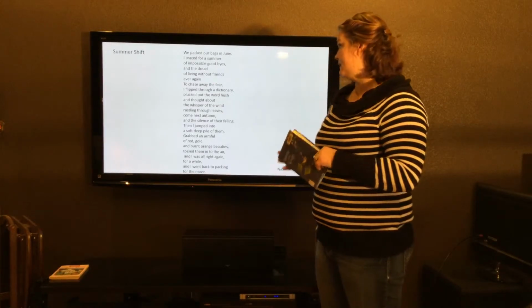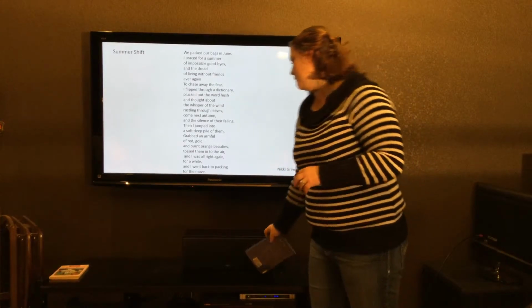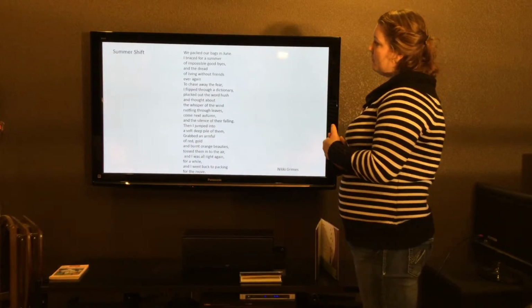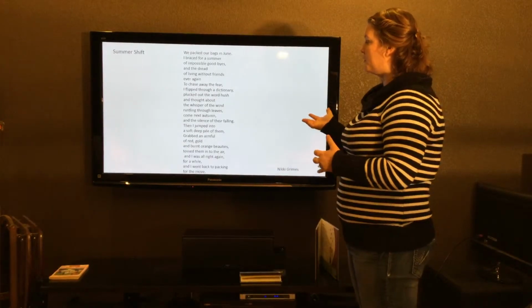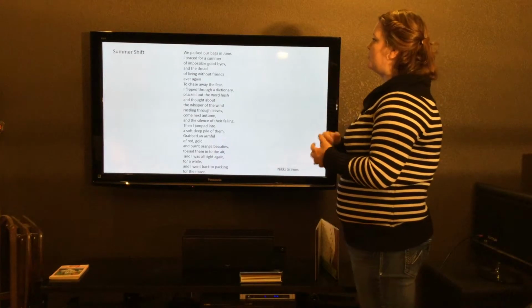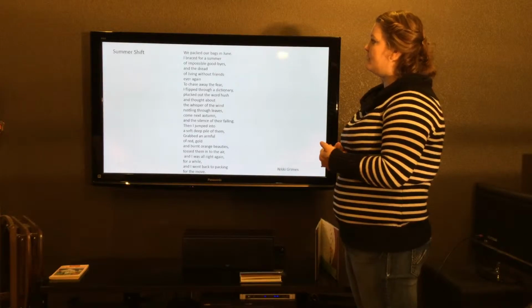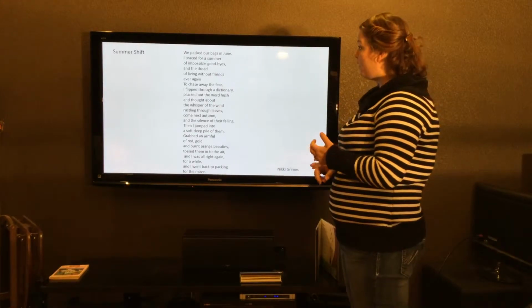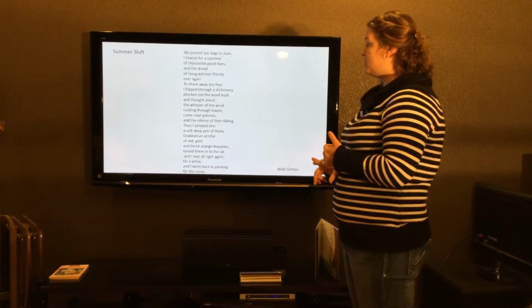Okay, so let's look at this poem. So what do we know about this poem? We know that it's probably the end of summer, because we see that from the word summer. We packed our bags in June. So that means that something's going on. They're probably either moving or going on vacation.